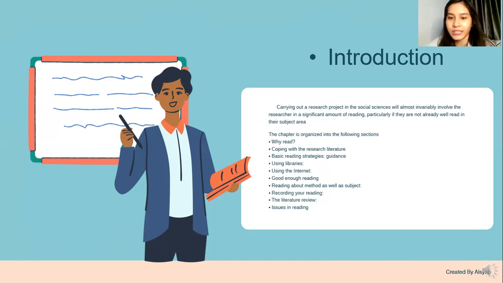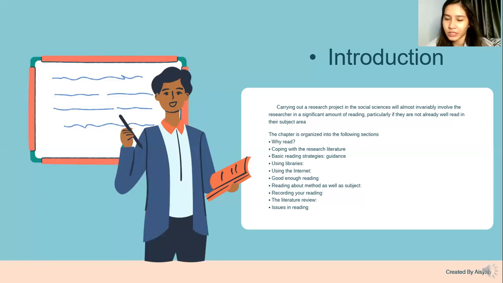Carrying out a research project in the social sciences will almost invariably involve the researchers in a significant amount of reading, particularly if they are not already well read in their subject area. The chapter is organized into the following sections: Why read?